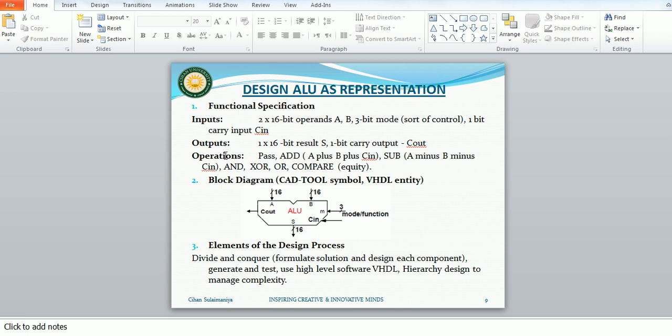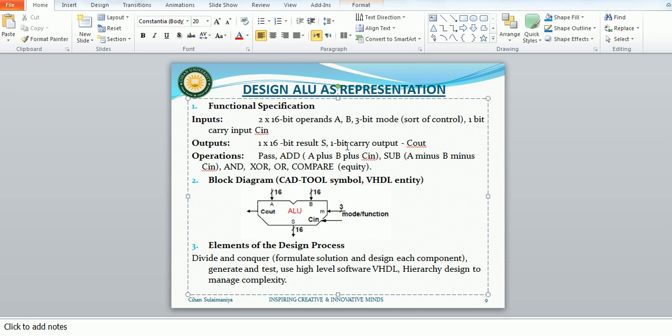Here we want to design, for example, an addition between two binary numbers. Each number is in a register, and we want to add two 16-bit numbers, and the result is S. The carry out is C out.